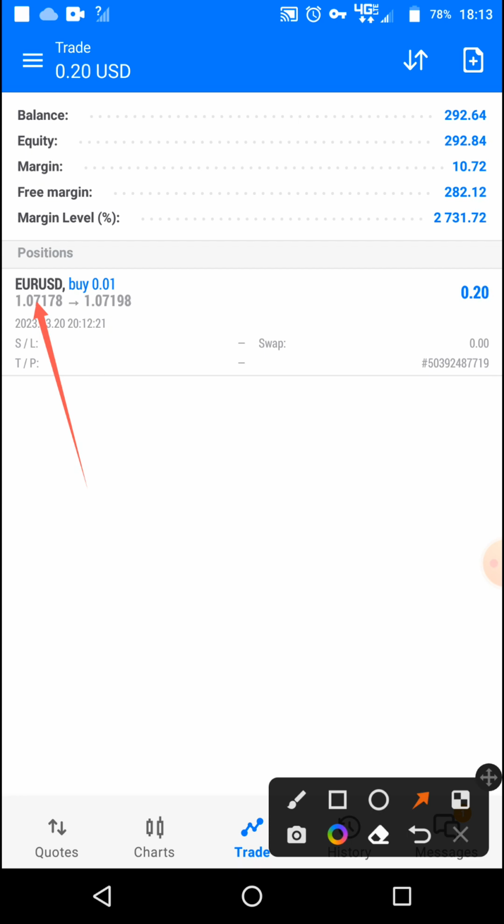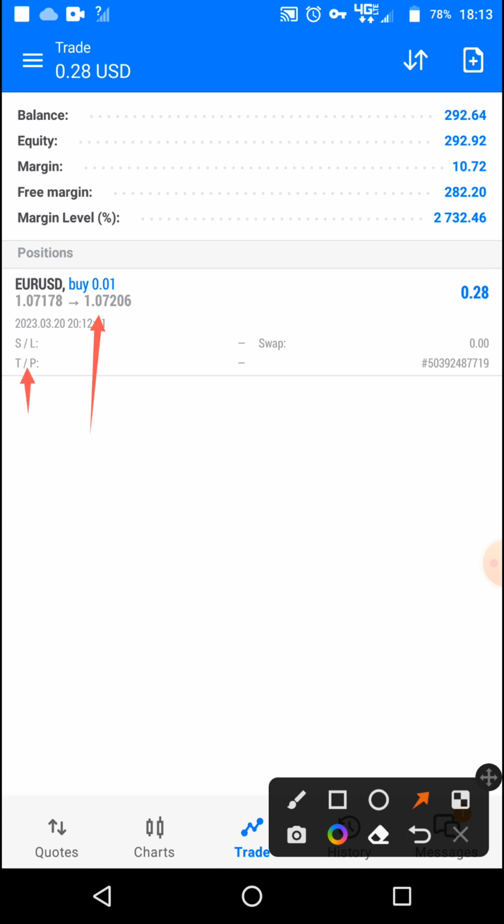So here's the case. If the market moves up, right now you can see that the market is moving up, above the price that I bought, meaning that the market is buying at a high price. Compare the two prices.